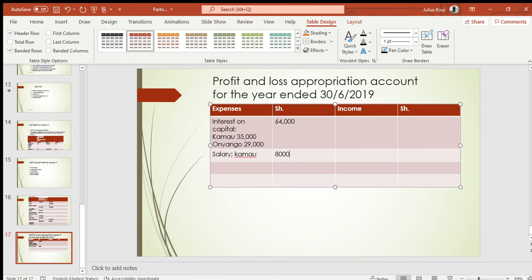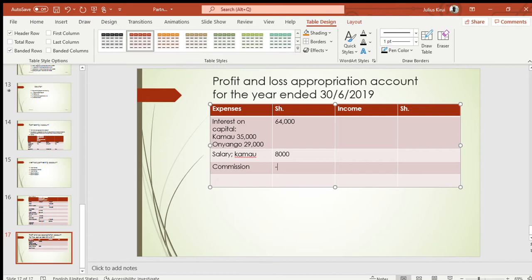Is that per month or per annum? Per year. Okay, fine. Next, do we have commission? No commission. Is it okay? But if commission was there, you would have introduced it. Are we together? So let me write it for the knowledge sake, which is not there.